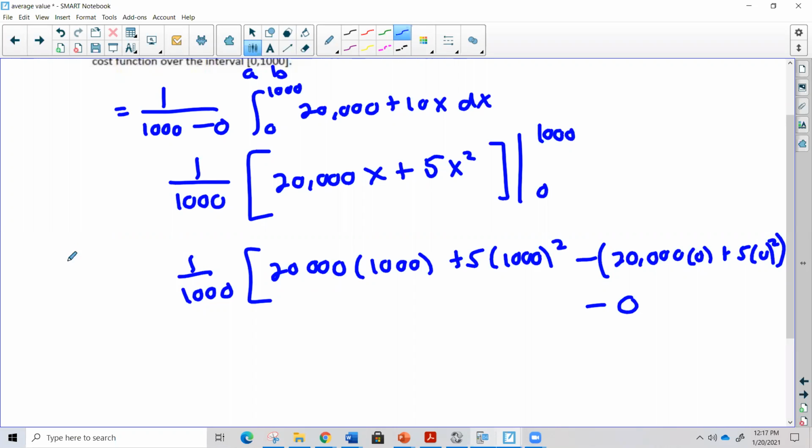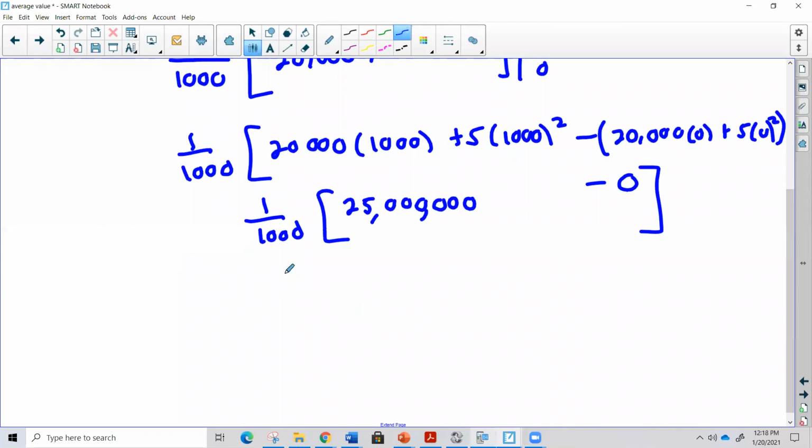If I type that in my calculator, I get this. I just want to make sure I get all the zeros. Okay, so I get 25 million minus 0, which is 25 million.